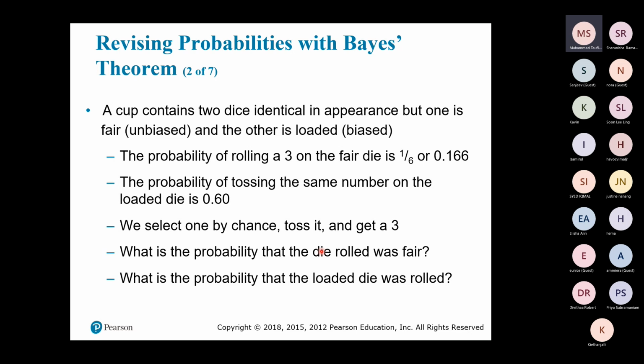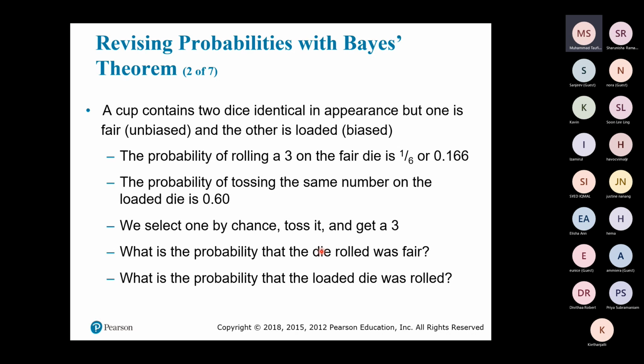The probability of rolling a 3 on the fair die is 1/6. For a fair die, the probability of getting one number is 1/6, because the chances of getting any number are similar, so you have 6 outputs. To get one output is 1 out of 6 numbers, 1/6 or 0.166.